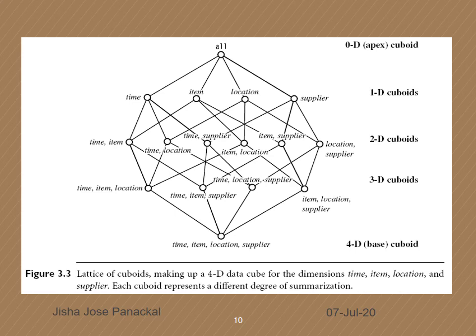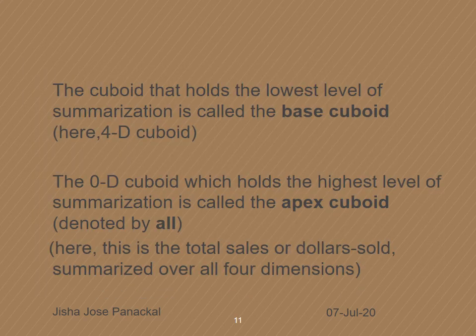So we can see each and every level here, and the bottom layer is called the base cuboid, and the top cuboid, or the 0-dimensional cuboid, is also known as the apex cuboid, that we will see in the next slide. The cuboid that holds the lowest level of summarization is called the base cuboid.